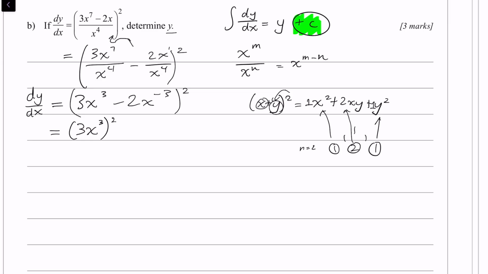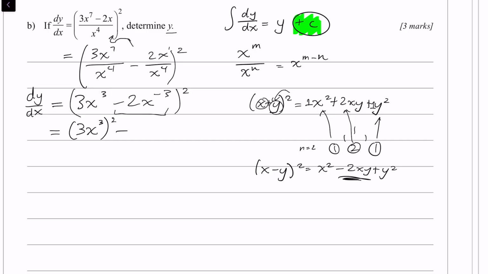All right, we don't have any of that second term, minus 2x to the power of negative 3 yet, okay? And then because this is a minus, we are minusing the middle term, right? Because we know x minus y squared is actually x squared minus 2xy plus y squared. Okay, so that value is minus, so we make sure we put a minus there.